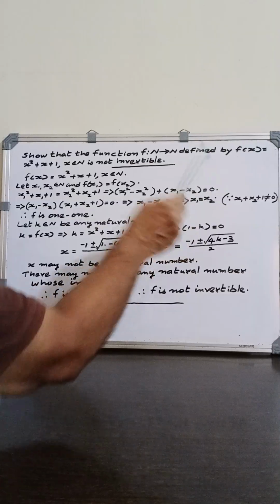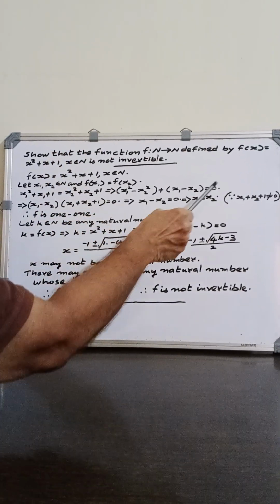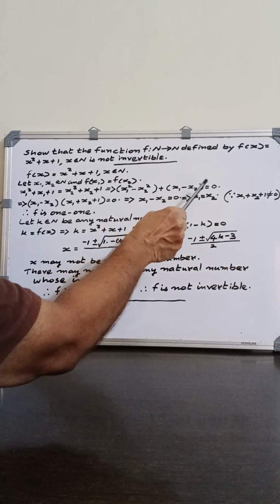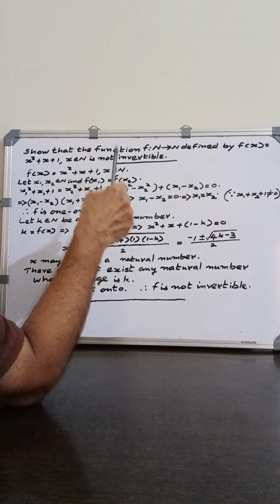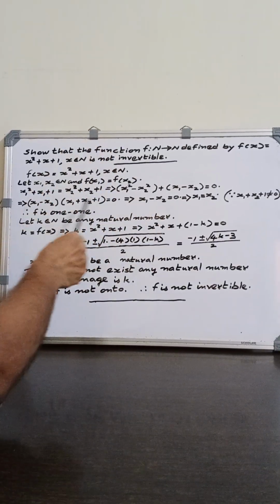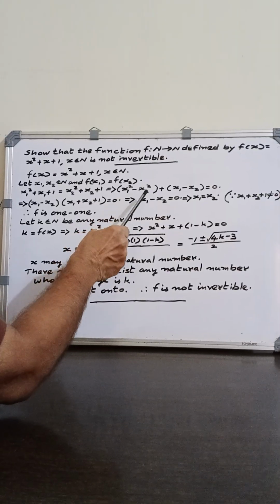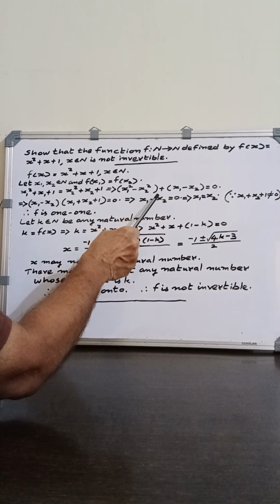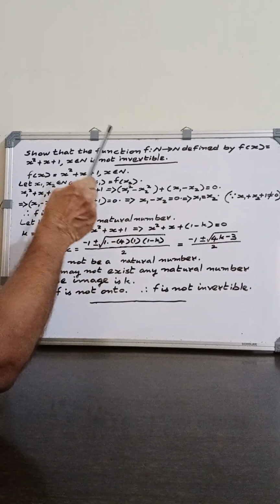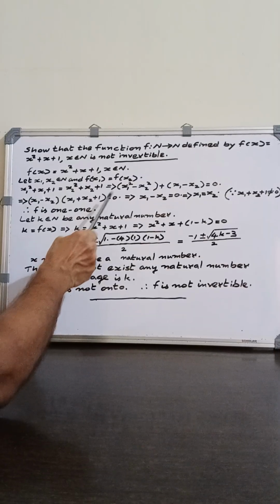Plus 1 and minus 1 make 0, therefore x1 squared minus x2 squared plus x1 minus x2 equals 0. The terms with the same power are grouped together. x1 squared minus x2 squared is (x1 plus x2) into (x1 minus x2). That is (x1 minus x2) into (x1 plus x2 plus 1) equals 0.